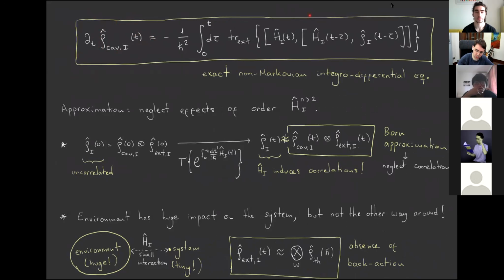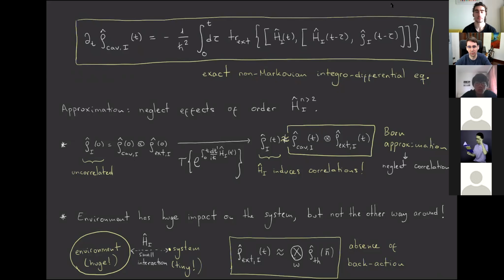We end up with an equation that is exact, at least assuming certain things about the environment, such as that it is in a thermal state, or that it's uncorrelated from the system state at time 0. It's an exact equation, but it's still a non-Markovian integro-differential equation, and it's not easy to solve in general.